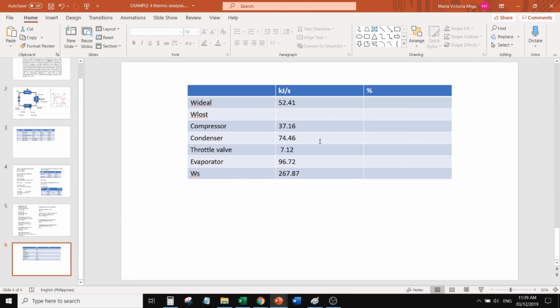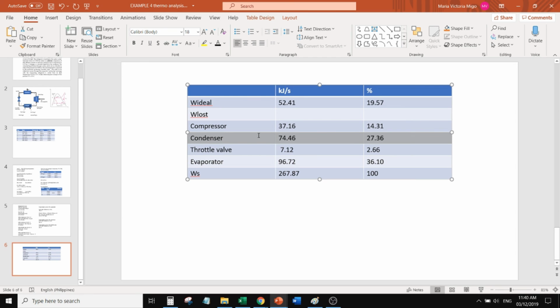Okay, let's now put the percentages. 36, 2.66, 36.10. This should be 100. So we can see here that the biggest work loss is in the condenser.